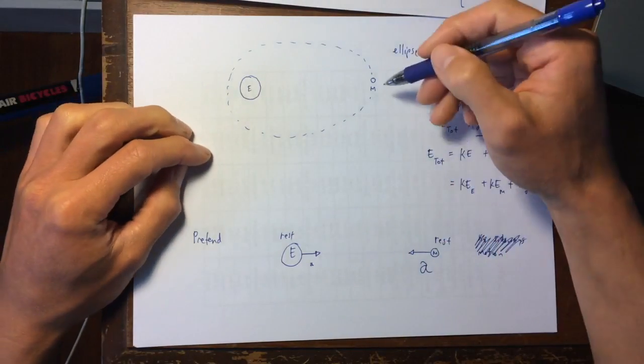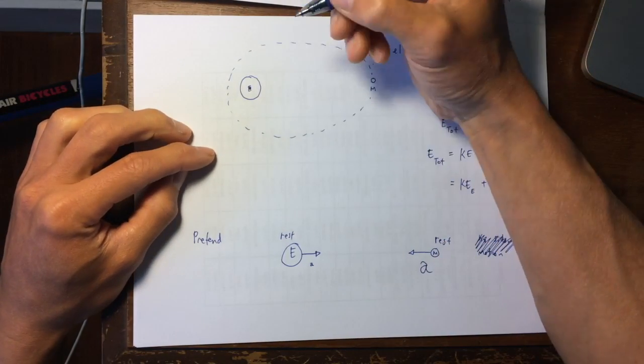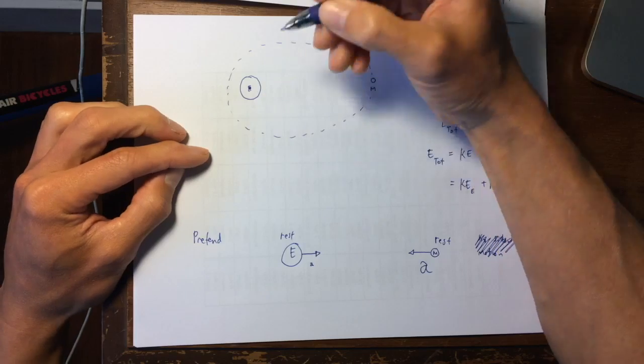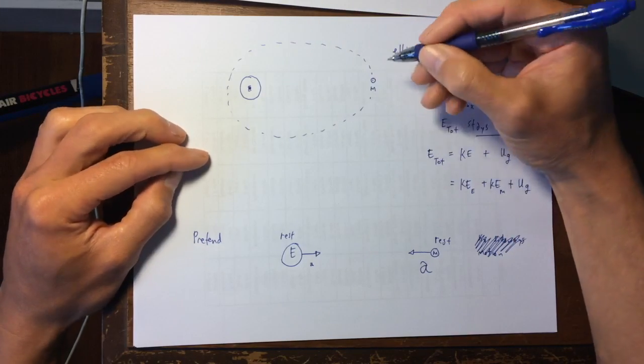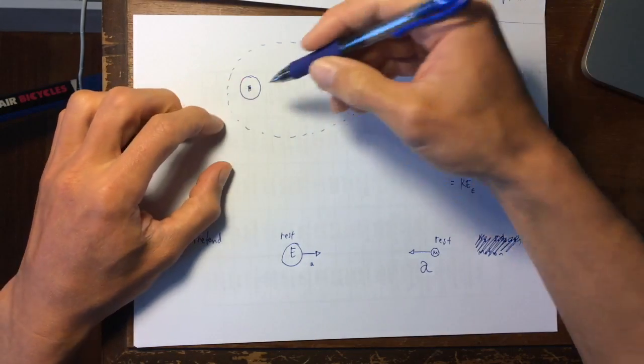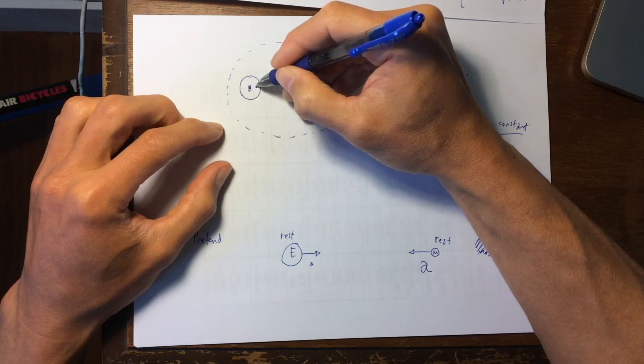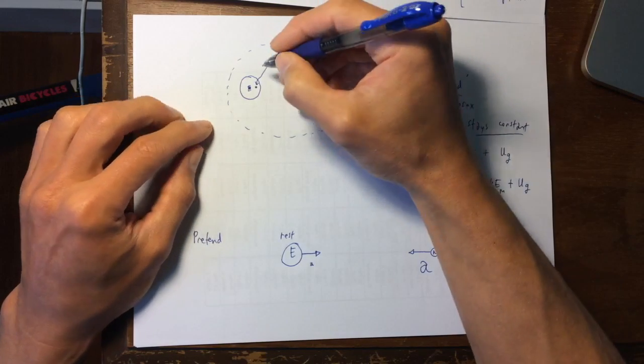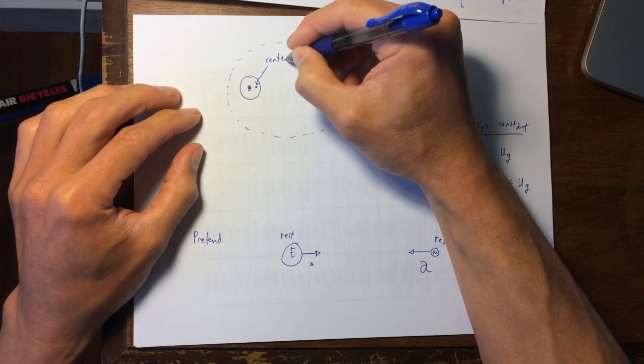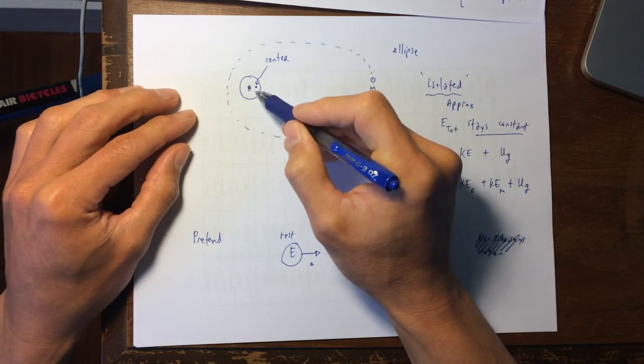So the center of the Earth is here, and the center of the moon is here. It turns out that these two objects orbit a center there. That is the Earth.